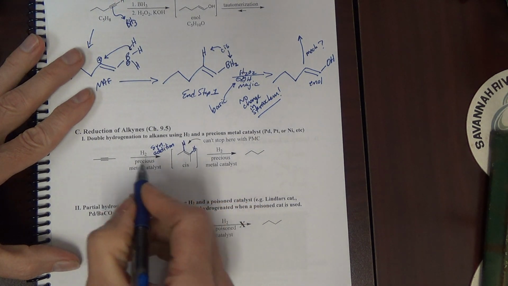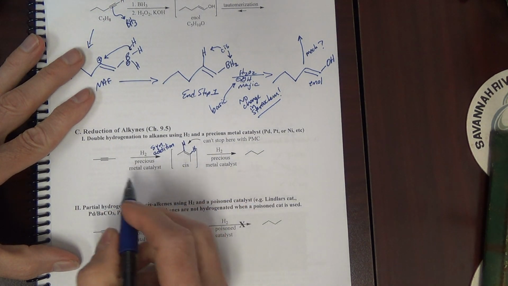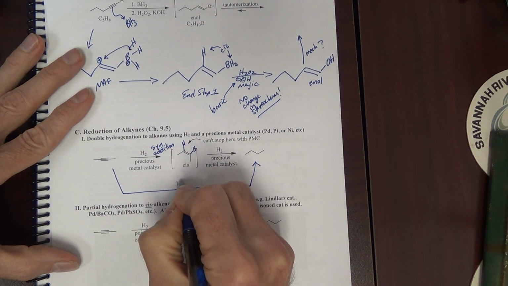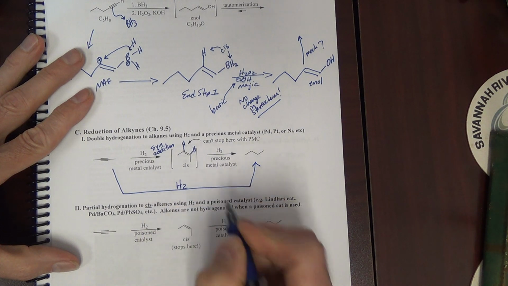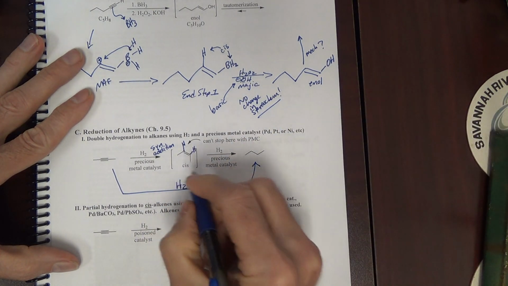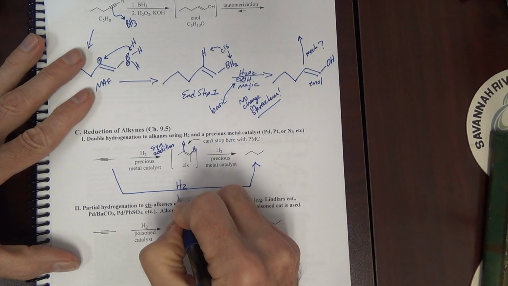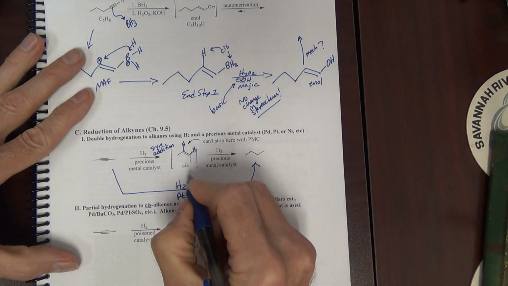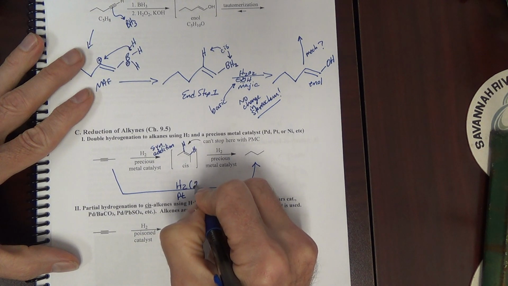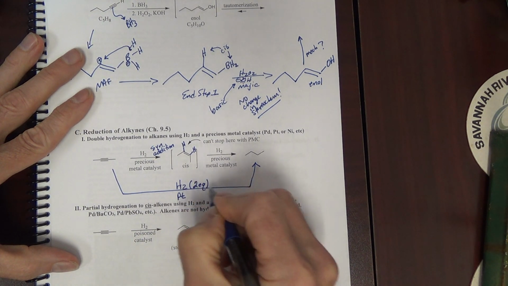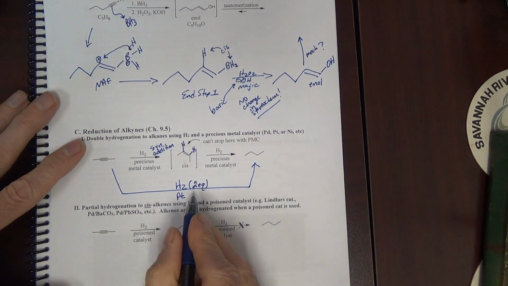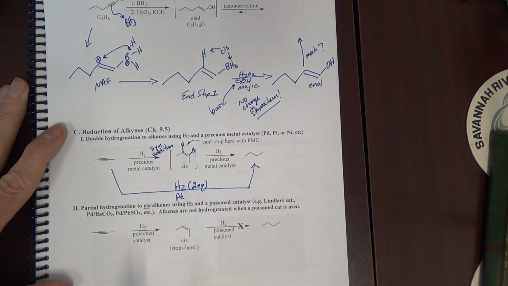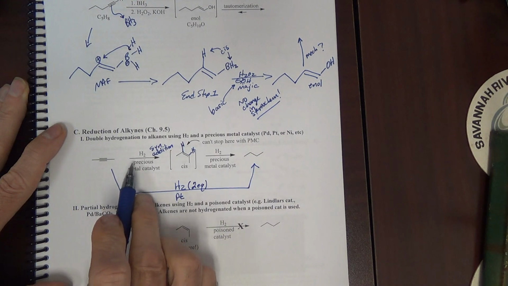And so if we wanted to just not show this intermediate, we could go directly here and say hydrogen and your favorite precious metal catalyst, maybe platinum, nickel, etc. But we would note that we need two molar equivalents of hydrogen, and that takes it all the way to the alkane, whereas as presented it shows you sort of stepwise.